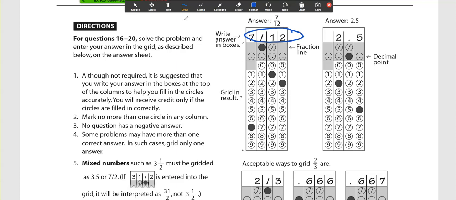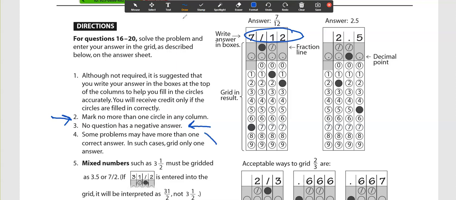I think most of you would say it's kind of a dumb thing to say, mark no more than one circle in any column, because of course they're going to mark it wrong. But this is something that you might not have thought of. No question has a negative answer. So if you're working on these questions and you end up with a negative answer, that's a problem, so you might need to redo that question. I thought that was worth mentioning.